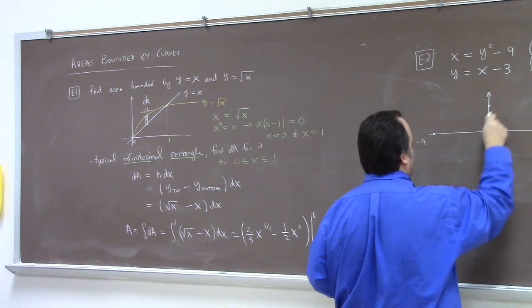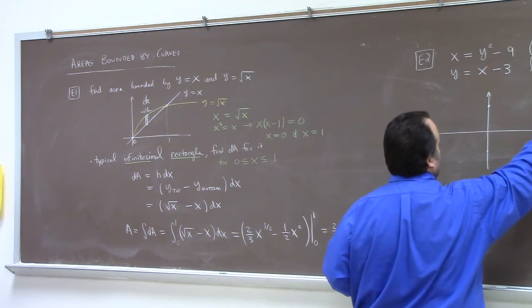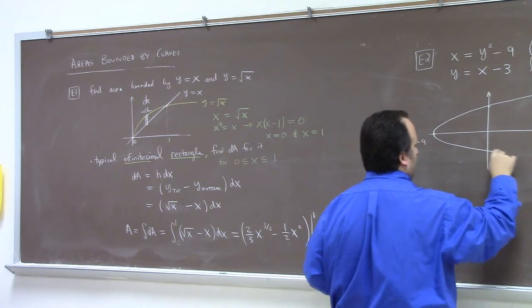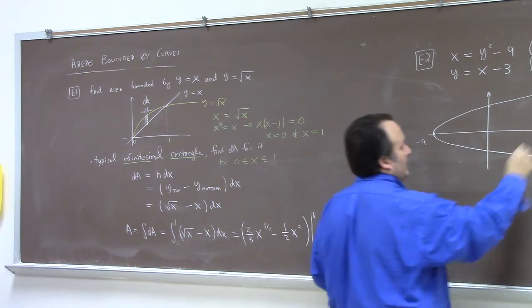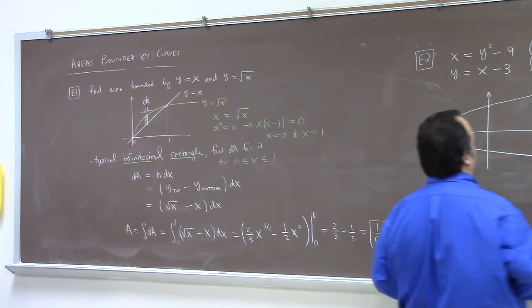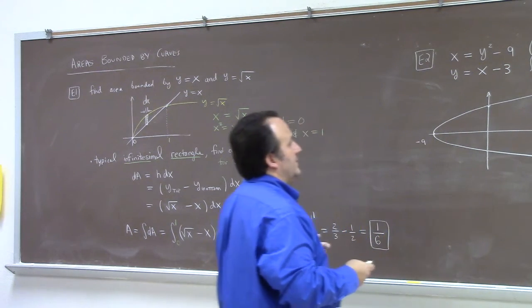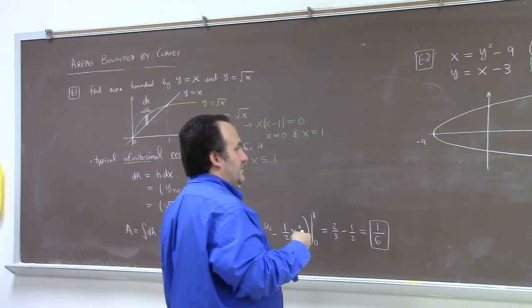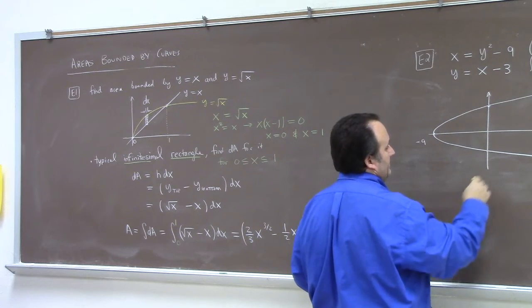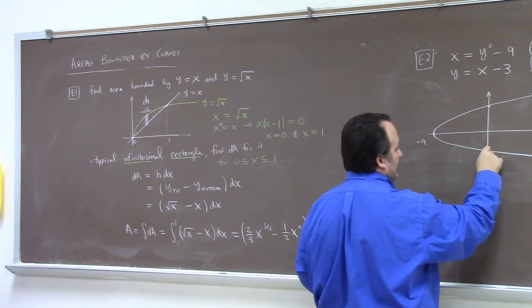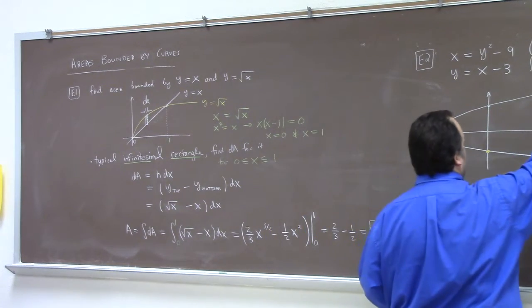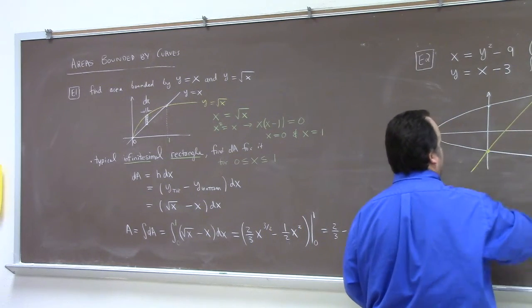So I may need to change my line equation. We'll find out soon here. All right, that's x equals y squared minus 9, this sideways opening parabola. y equals x minus 3, I guess that's okay. It has a y-intercept of minus 3 and slope 1. So that looks something like this.